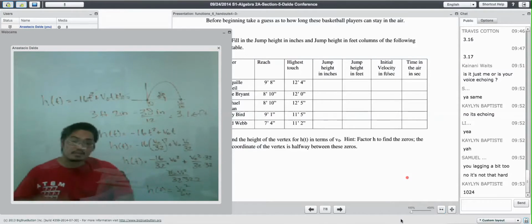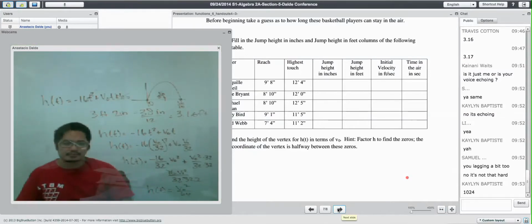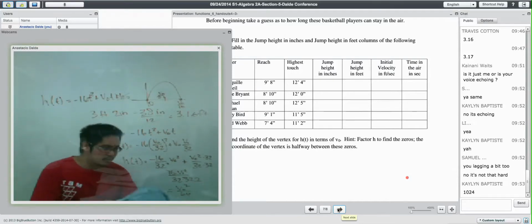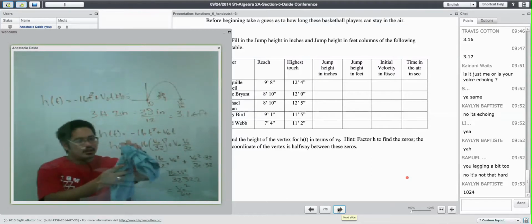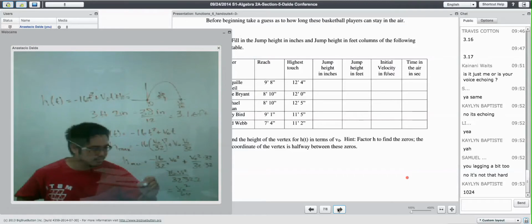So that is my height as a function of velocity. Or, I should actually not call this h of time, because I'm talking about a very specific time. I'm going to call this h max.